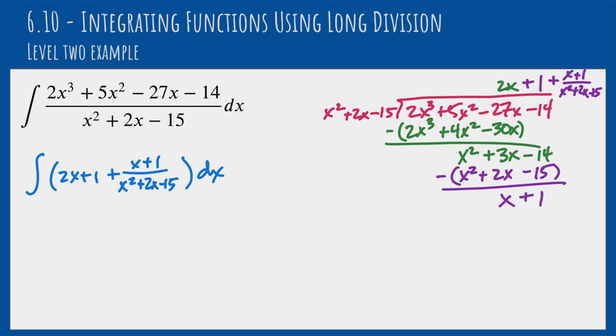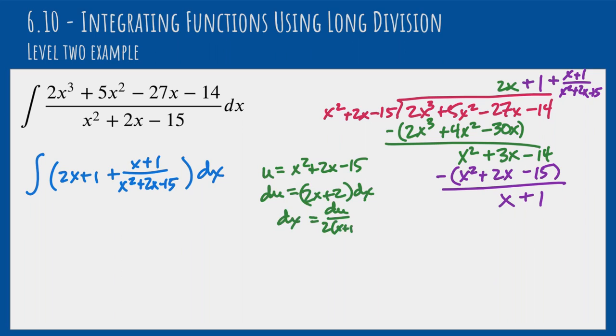So at this point, I'm going to use substitution. And I factored that 2x plus 2 right off the bat because I know I'm going to be canceling the x plus 1s. So what I'm going to do is evaluate the antiderivative of the first two terms with respect to x.